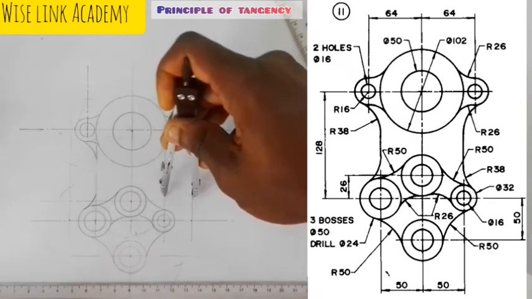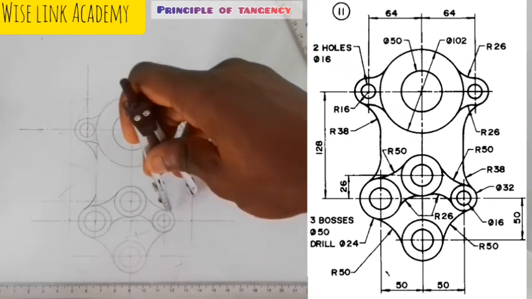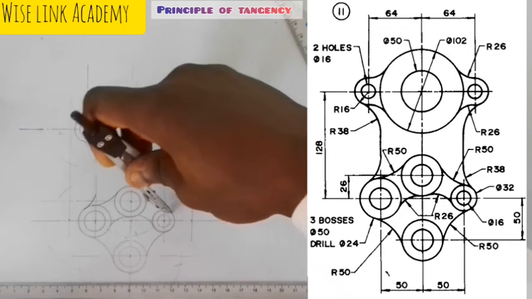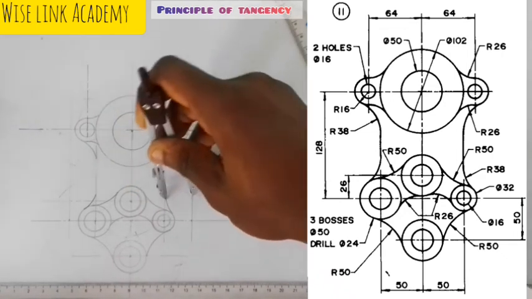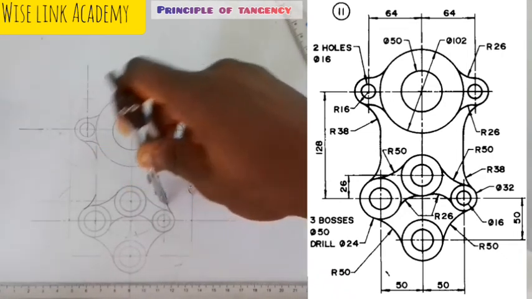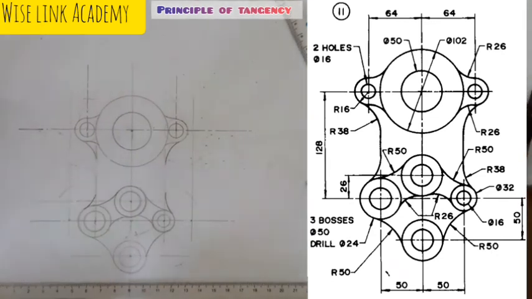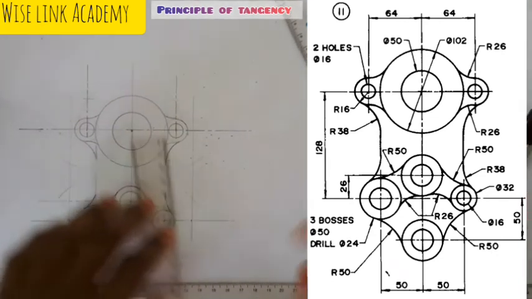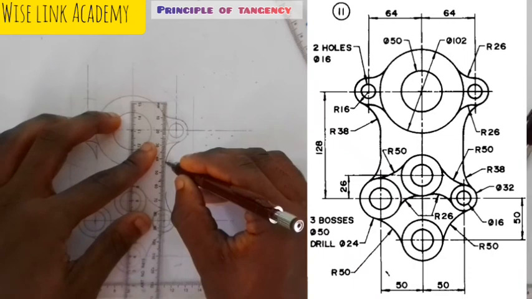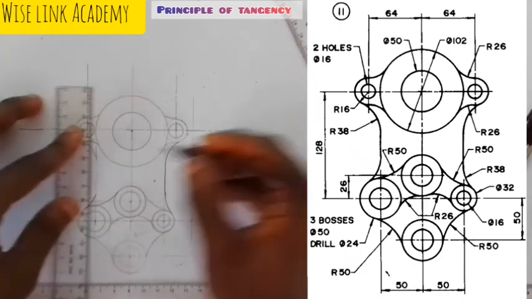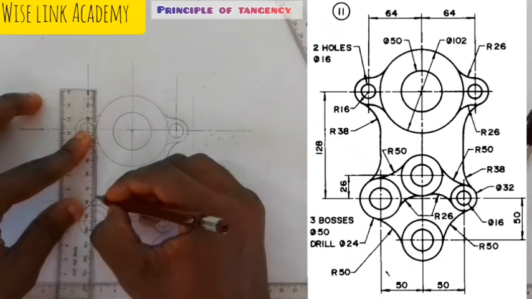I'll have this. Similarly, I will now use my meter rule to close them up from this point here to this point, and from this point here to this point.